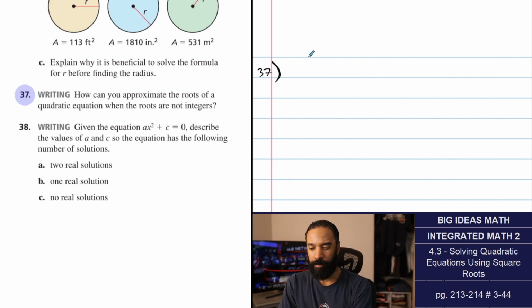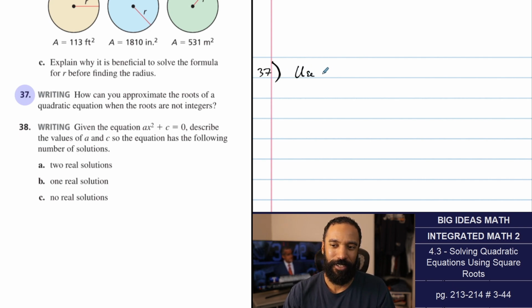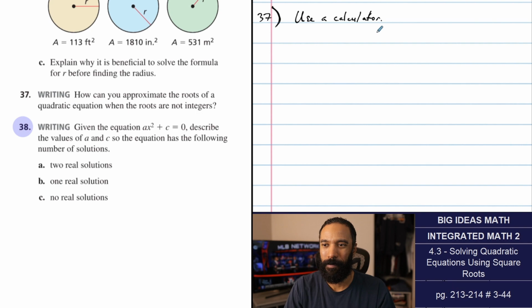Yeah, there's a way of approximating square roots in general. It's like using a slope kind of thing. I don't know what they mean. I'm just going to use a calculator. I'm actually not sure what they're getting at. Sorry about that.